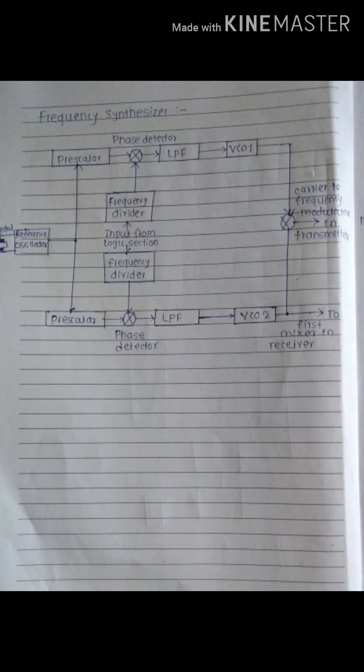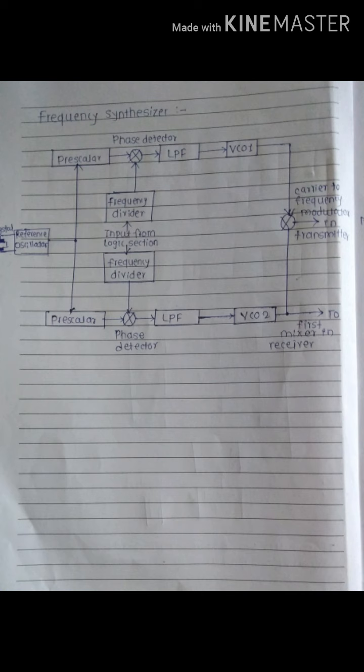The output of VCO2 is used as the local oscillator frequency for the first mixer on the receiver side. The outputs of the two VCOs come together and produce a carrier signal for the transmitter side, useful in the modulator in the transmitter.